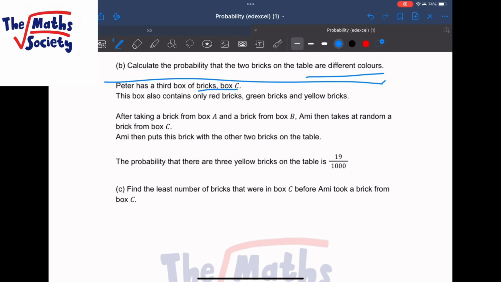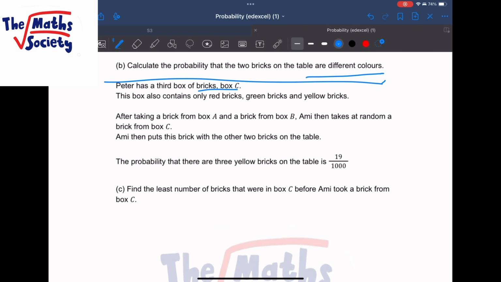So we just need to subtract from 1 the probability that they are the same color, so we can get the different colors. So it should be the same color schemes first. We're going to calculate the same: red and red, green and green, yellow and yellow, so that we get the combination of all the other colors where it can have different ones.